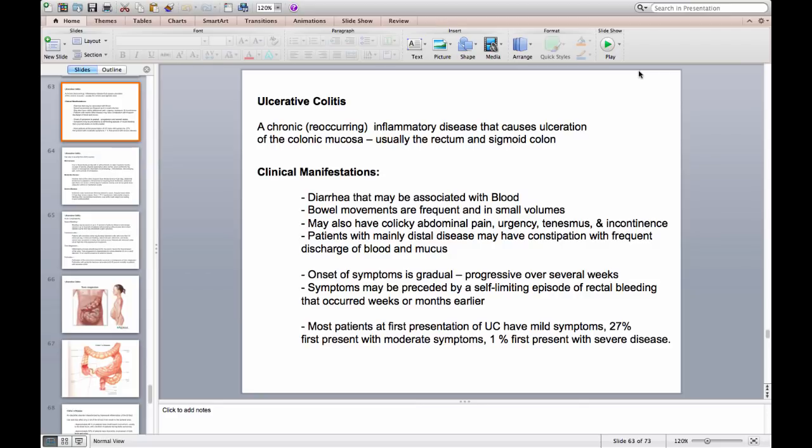You will find strictures, right, where the loop of bowel will narrow and become very small. Okay, and potentially you can see some nutritional deficits if the ulcers are found in the upper part of the small intestine, especially in the duodenal area, even though it's less common for them to be present there.